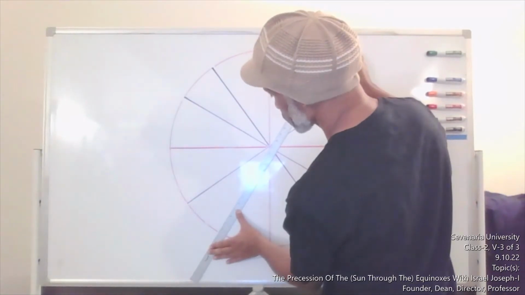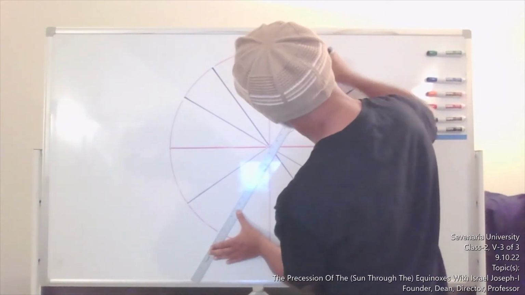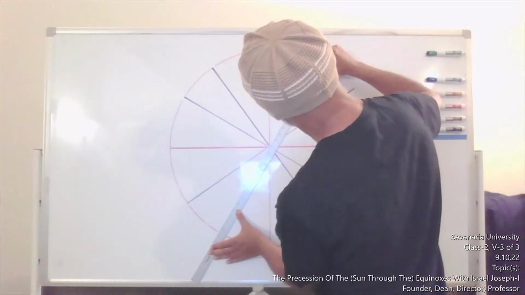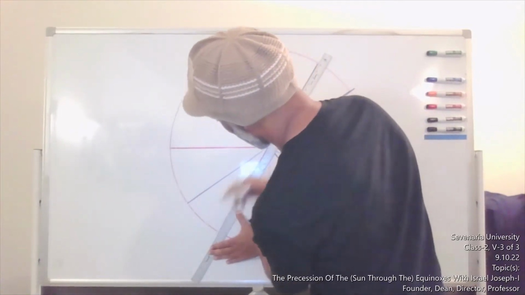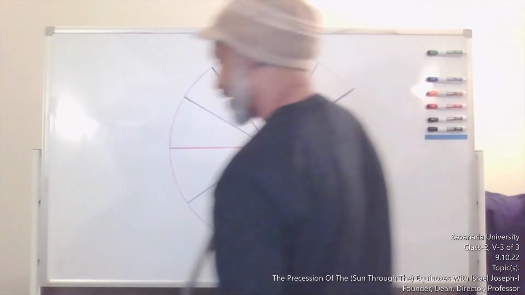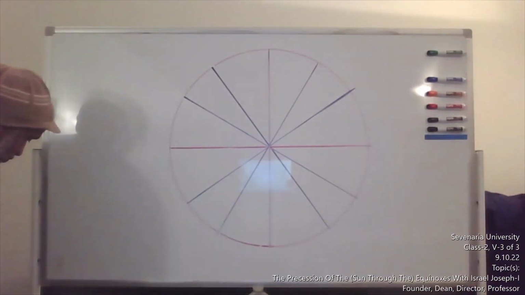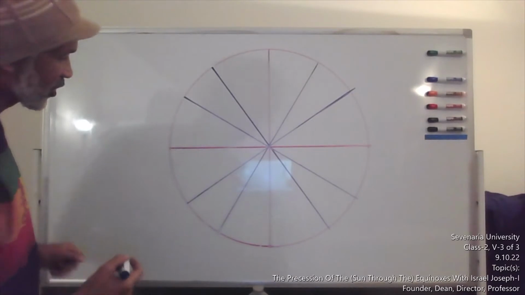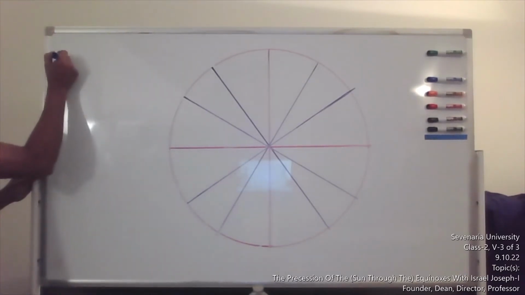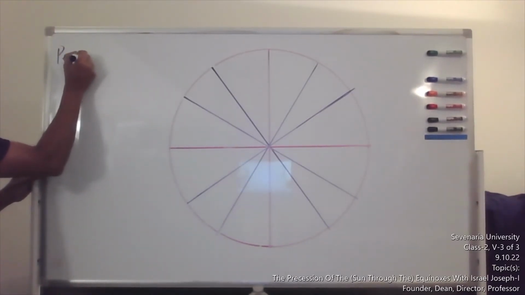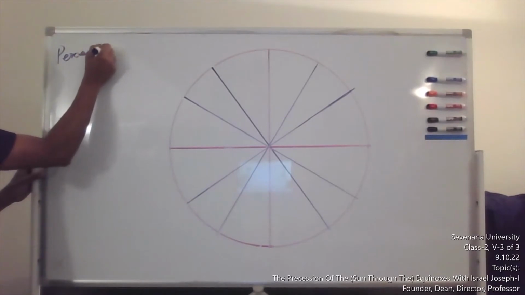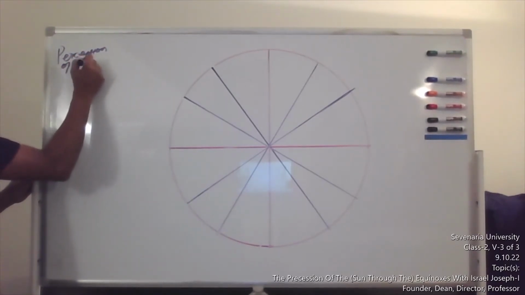So this one's going to be a little bit different. This is a calendar of a 12-part cycle, which is called the precession of the equinoxes.